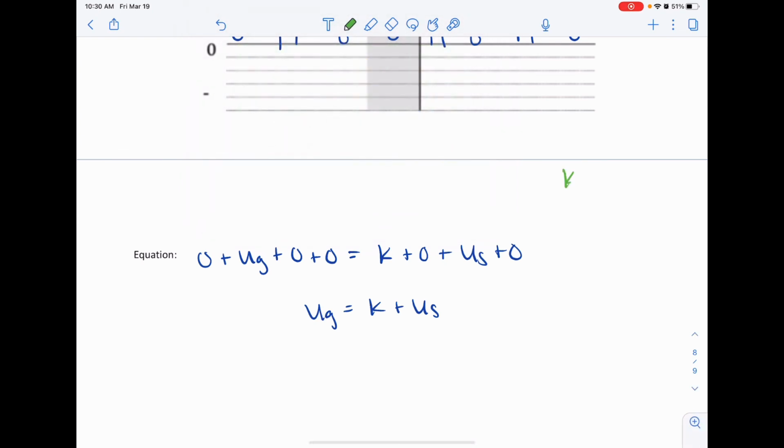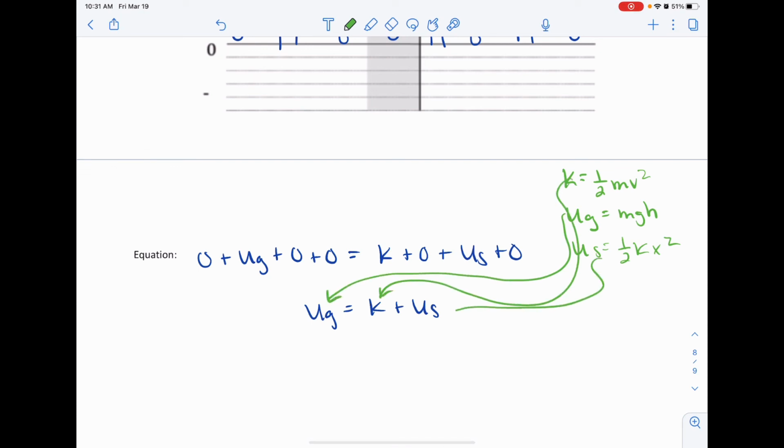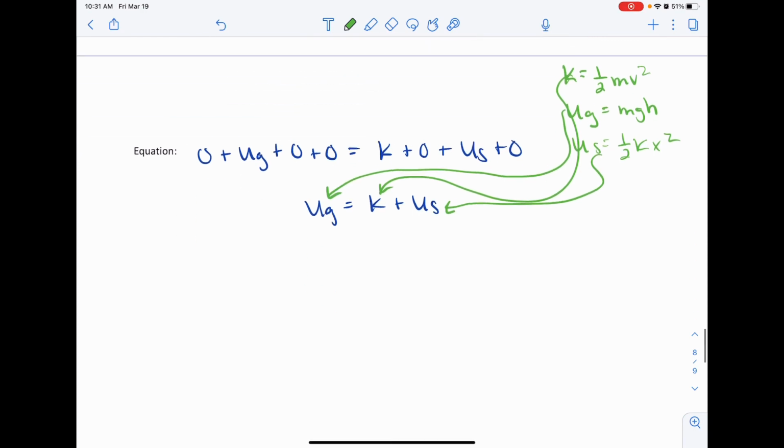Looking back at our equations, we know kinetic is 1/2 mass times velocity squared, UG is mgh, and US is 1/2 kx squared. So let's plug in this for UG, this for K, and this for US. And we get mgh equals 1/2 mv squared plus 1/2 kx squared.